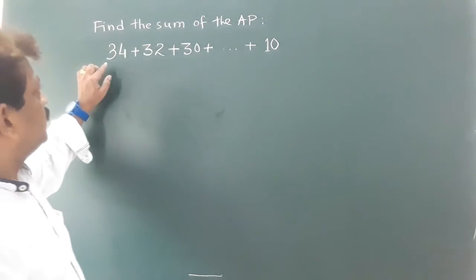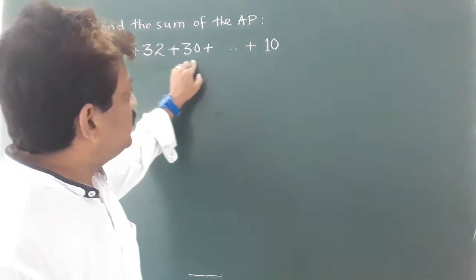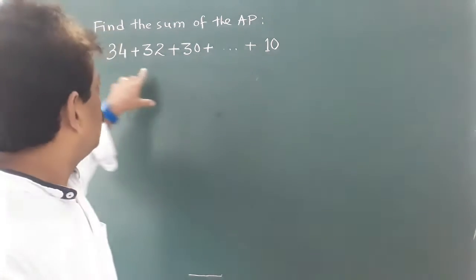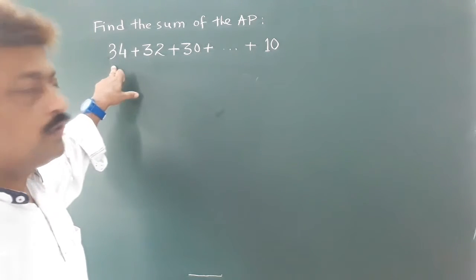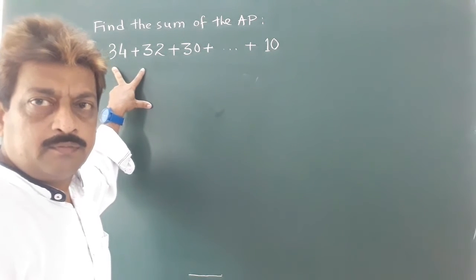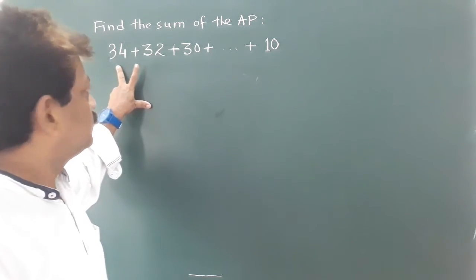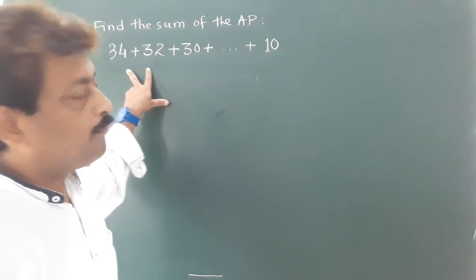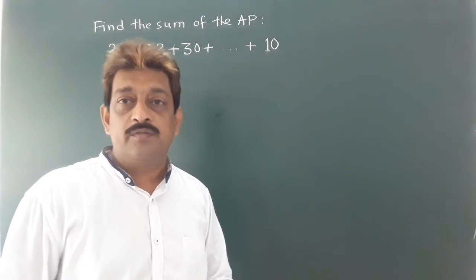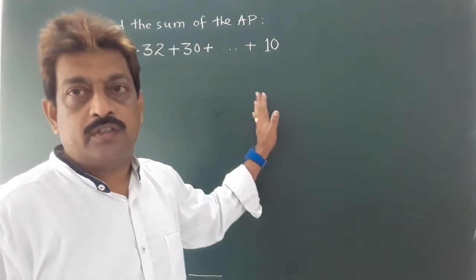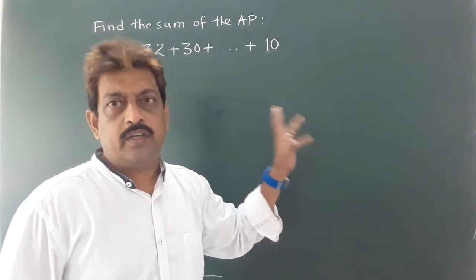You can see that the AP is given where we can find the first term, which is 34. We can also calculate the common difference, 32 minus 34, that is minus 2. But the number of terms is not given in the question. So that is why it is very important.